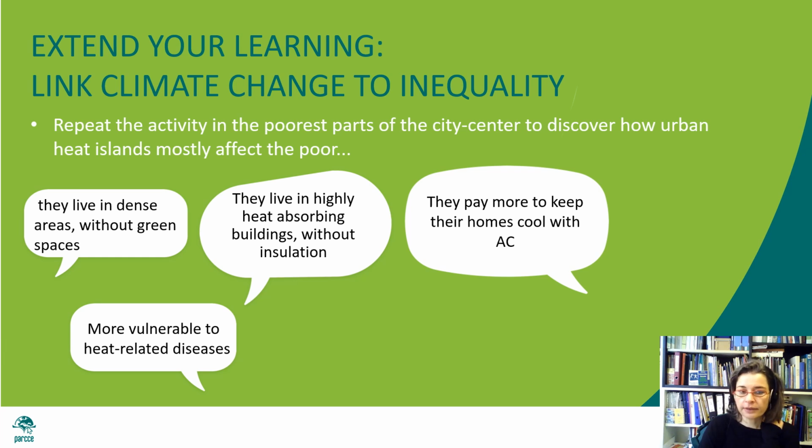Because they live in dense areas without green spaces, because they live in highly heat-absorbing buildings without insulation, and also because they usually pay more for electricity to keep their homes cool in the summer and warm in the winter with air conditioning, and they're also more vulnerable to heat-related diseases.